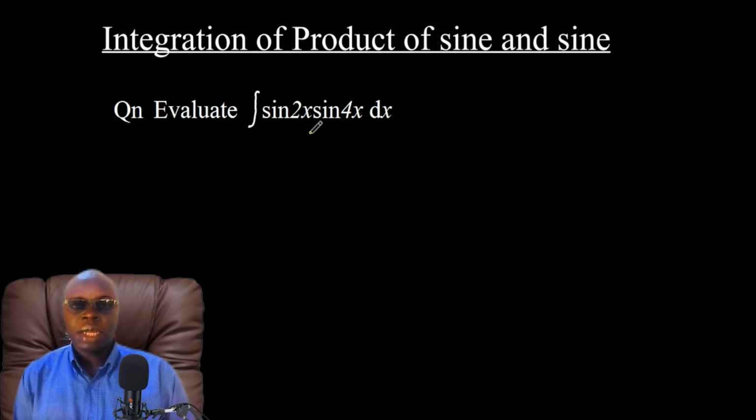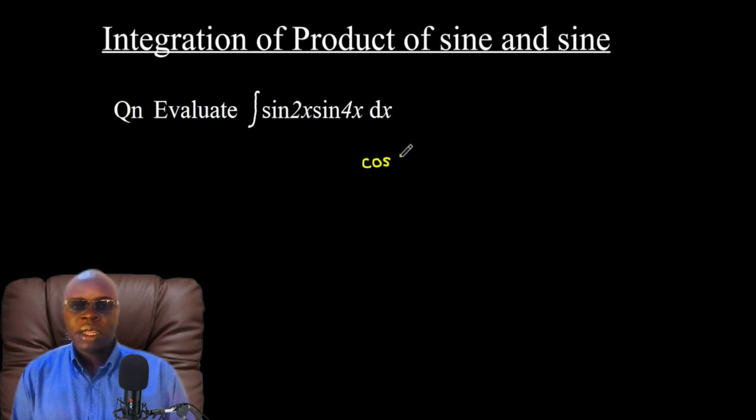At this juncture we will use the factor formula. I listed the factor formula in our video number 1, where we looked at product of cos and cos, and the link to that video is in the description below, so you can also go ahead and watch to see the factor formula listed. The one that corresponds to our work today is the difference of cosines.